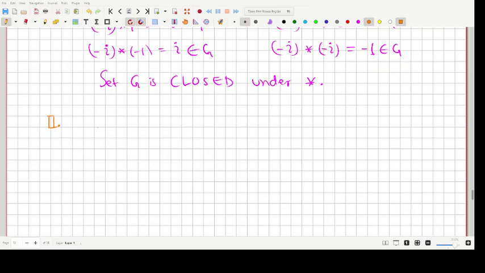What we'll do is we'll just take some complex numbers, let's say a plus ib, and another complex number, say c plus id, right? And let's consider yet another complex number, e plus if, maybe, right? Then we'll try to see if we have the associative property satisfied over here.